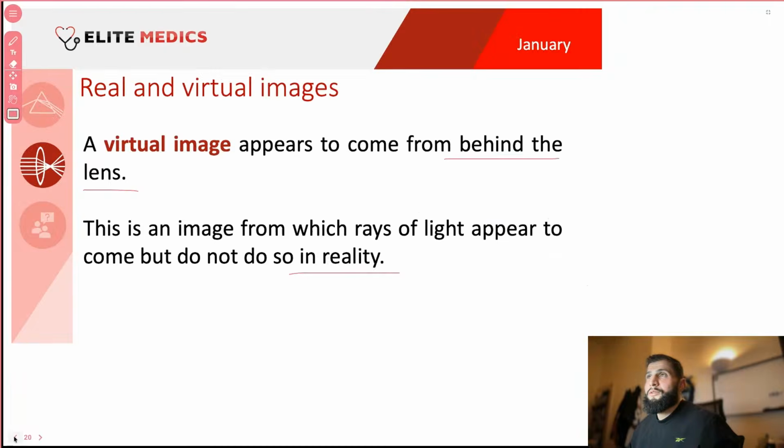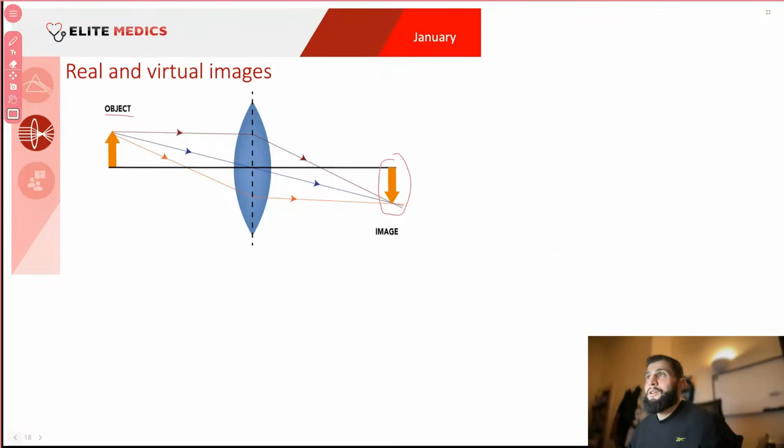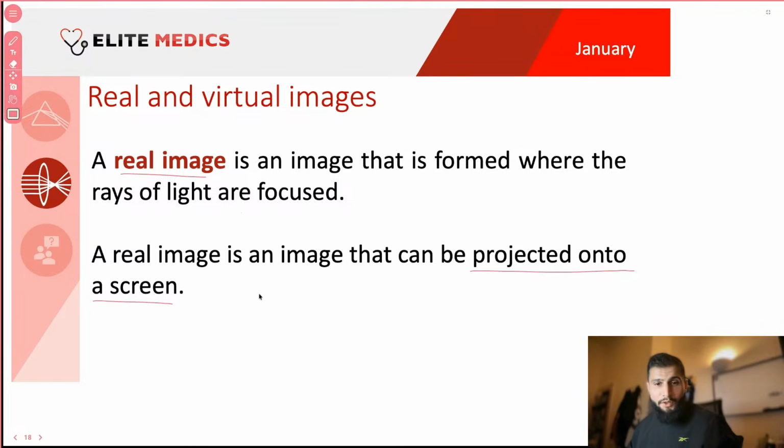So in terms of real image, let's go through it one more time because some of you are asking for explanations. So a real image, where can we see this? In convex. A real image is formed where the rays of light are focused. Focused how?